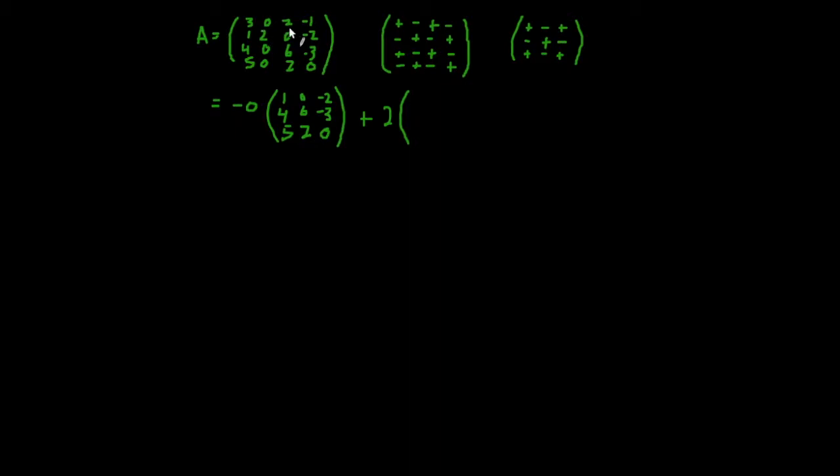So it's going to be 3, 2, negative 1, 4, 6, negative 3, and 5, 2, 0. So we're going to put that here: 3, 2, negative 1, 4, 6, negative 3, 5, 2, 0.